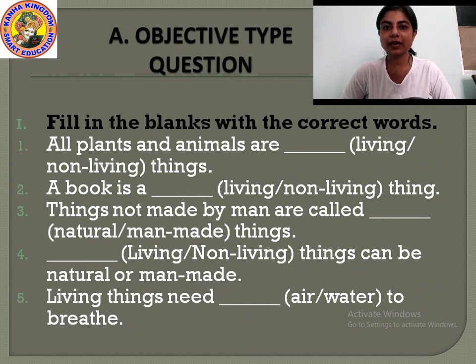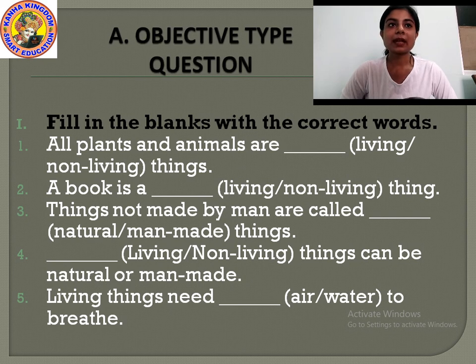First one: all plants and animals are dash, living or non-living things. The answer is living: L-I-V-I-N-G.